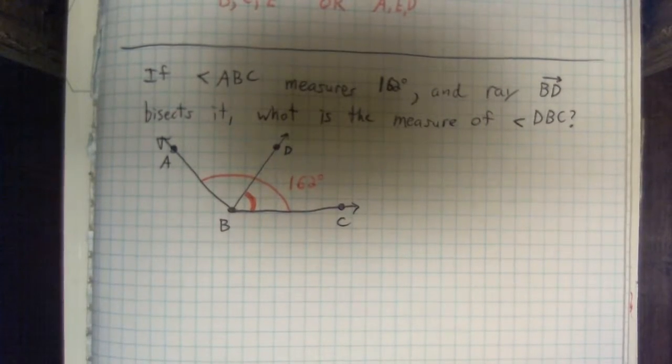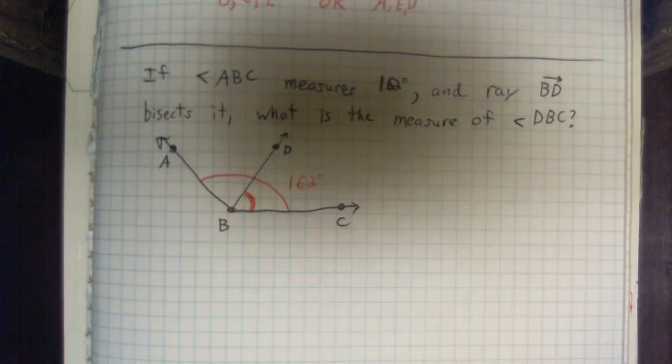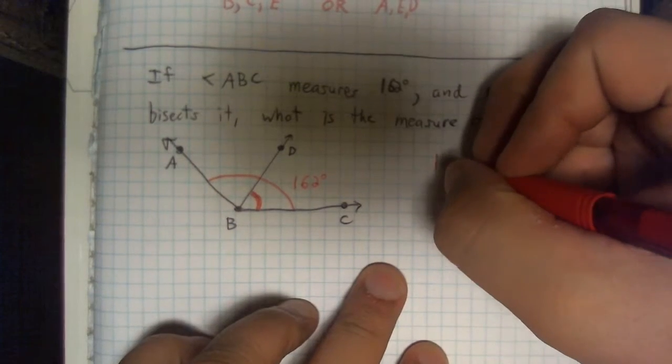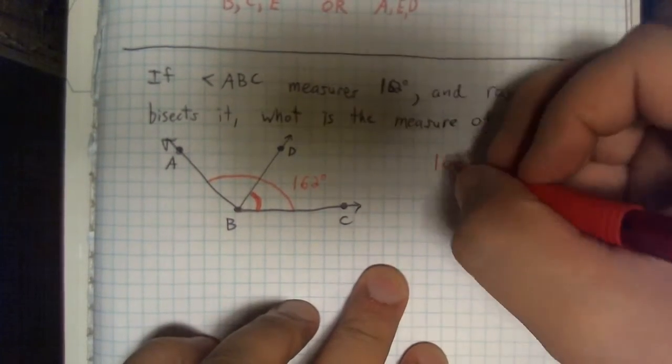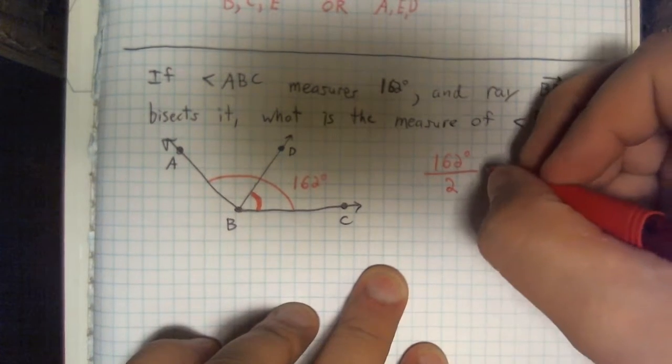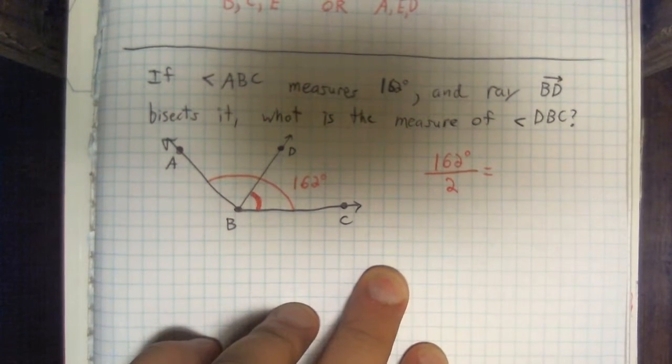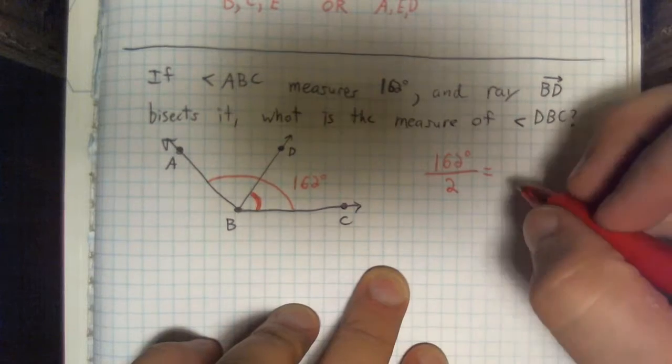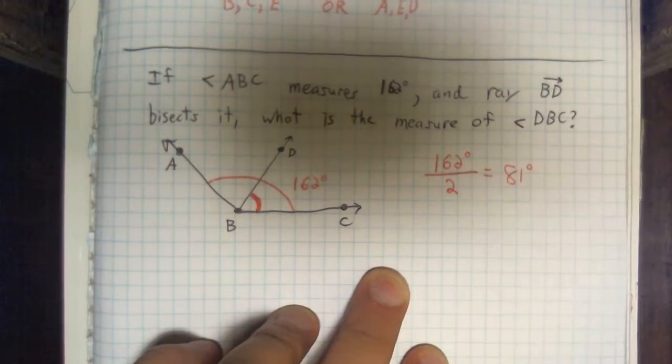Well, makes sense to me, right? If I have an angle bisector, it's cutting the angle in half. So I want to take the whole measure and cut it in half. So I divide by 2. Alright, 162 divided by 2 is going to be 81 degrees.